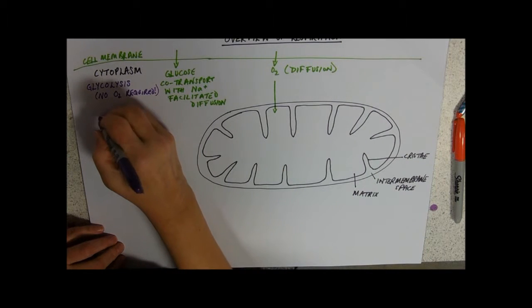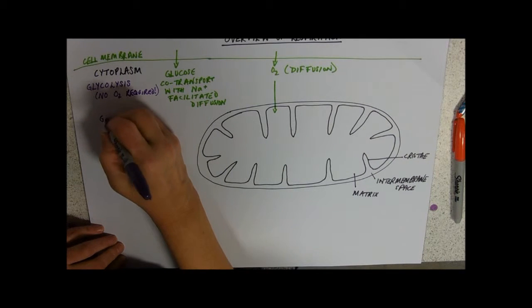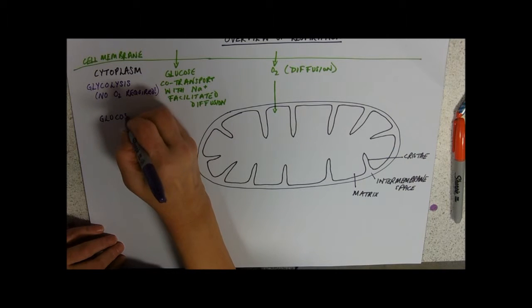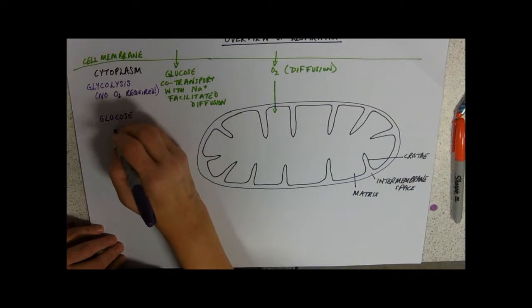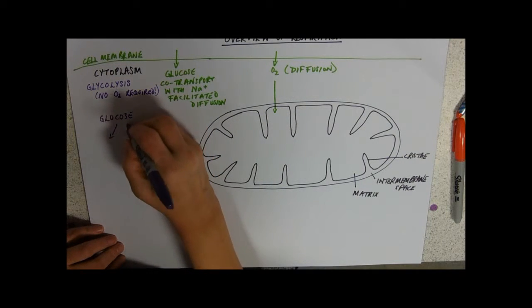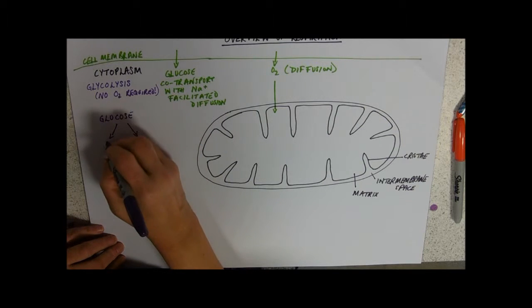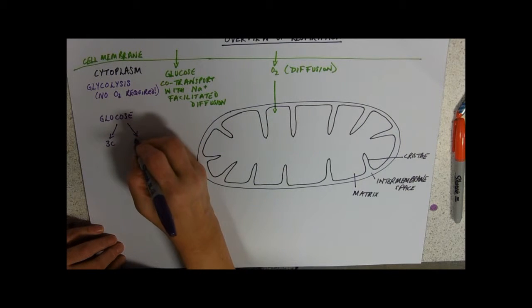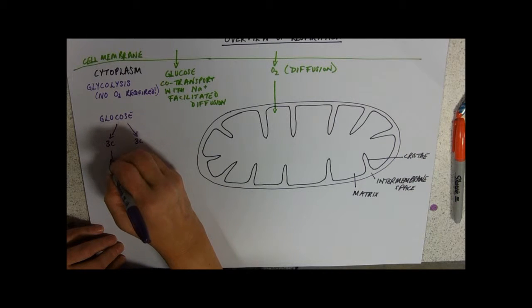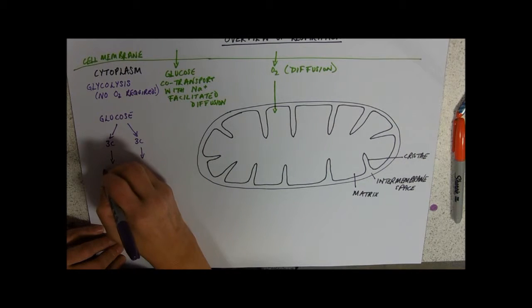So, we're starting off with glucose. We're making it into 2, 3-carbon sugars, and then we're converting each of those into pyruvate.